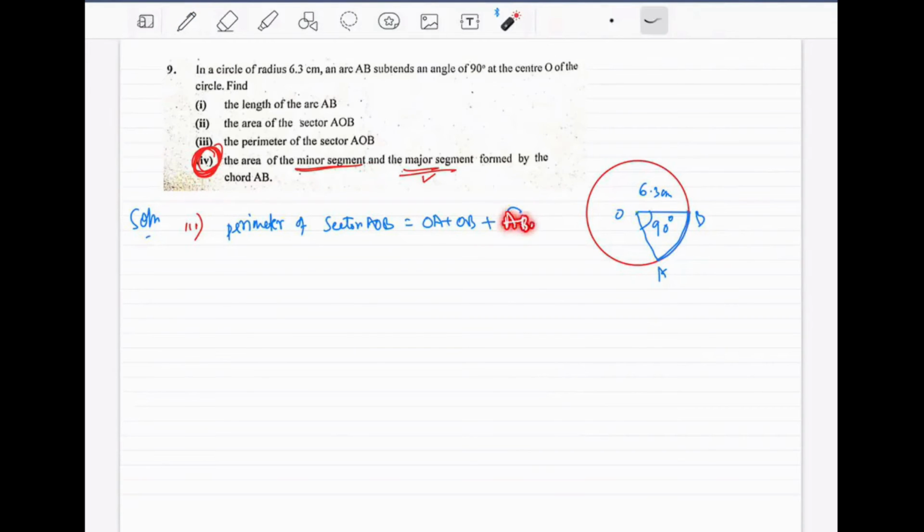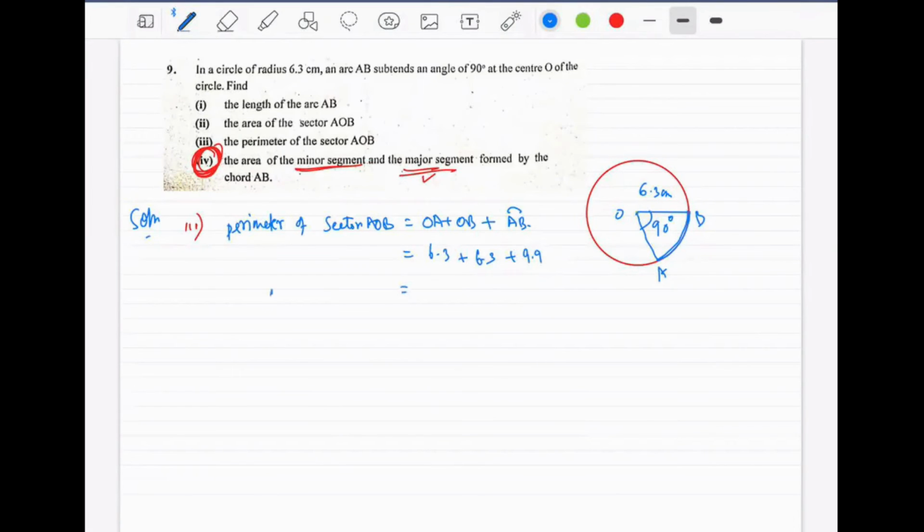I'm writing AB with a curved portion right here. This indicates that this is the arc AB. All right. So OA, it's the radius. It's R. OA is 6.3. OB is 6.3 because both of them represent the radius. Arc AB is how much? 9.9.